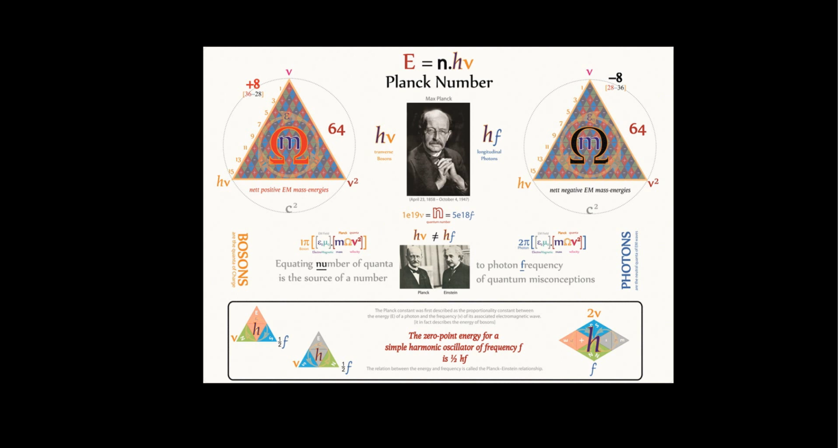over in the equation. In fact, all of this was known to Einstein when he brought up the term zero-point energy, Nullpunkt Energie, in his paper, because he stated quite clearly that the energy for the simple harmonic oscillator of frequency f is, look at that, a half hf.